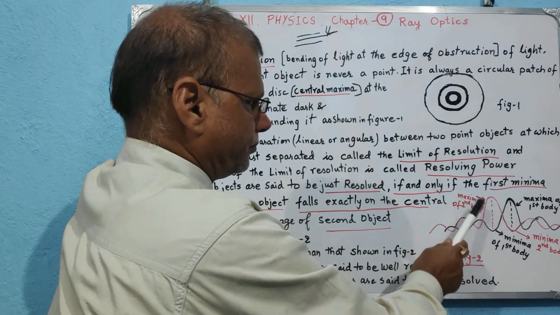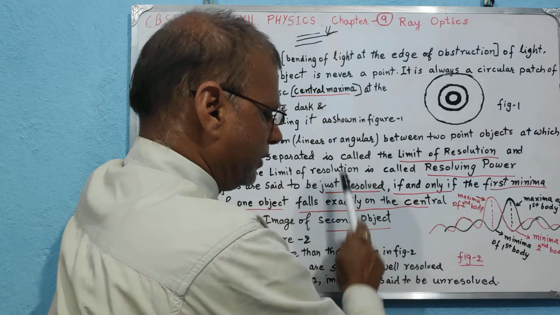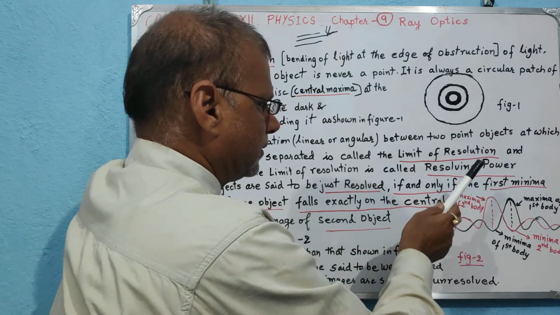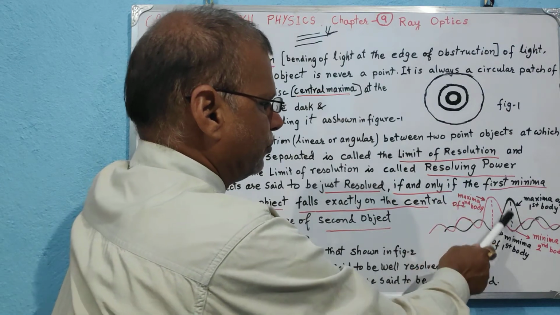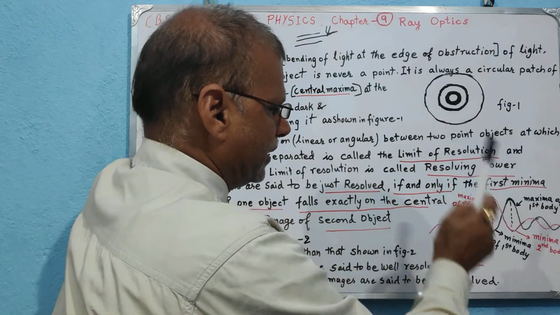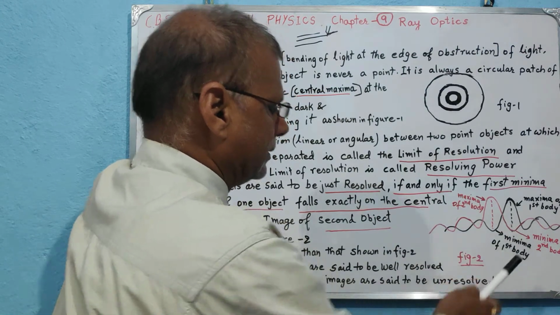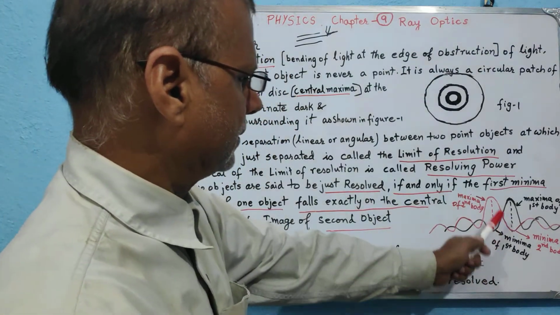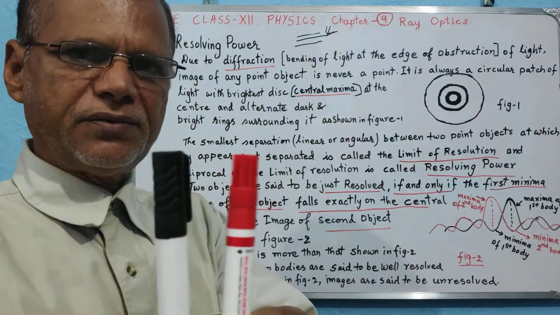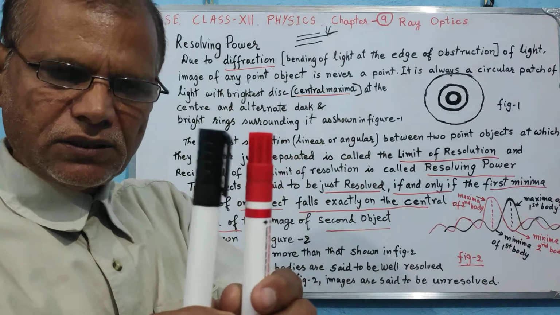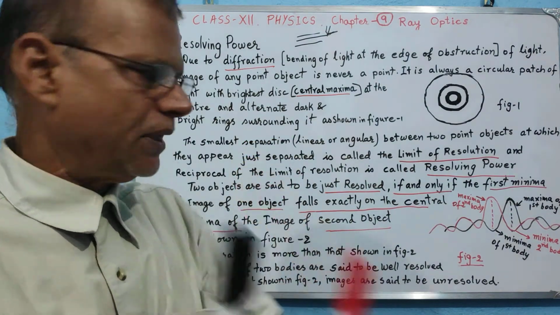So if the first maxima of the image of the first body falls on the first minima of the image of the second body, then in that case the two bodies are said to be just resolved, meaning they are clearly visible because they have different locations for their maxima.